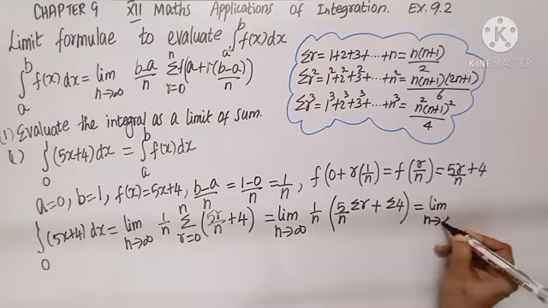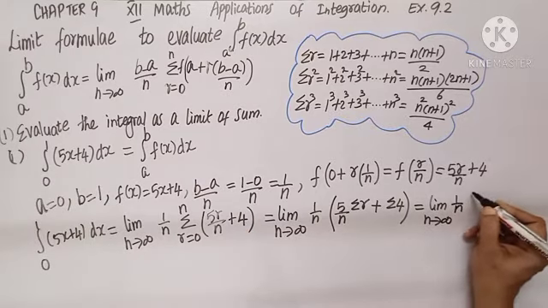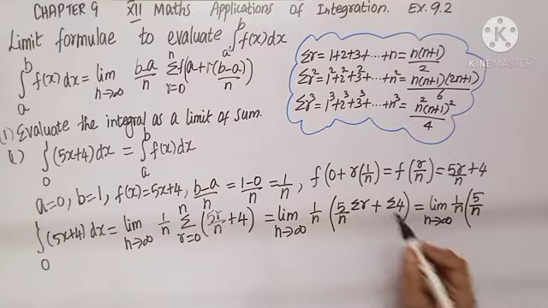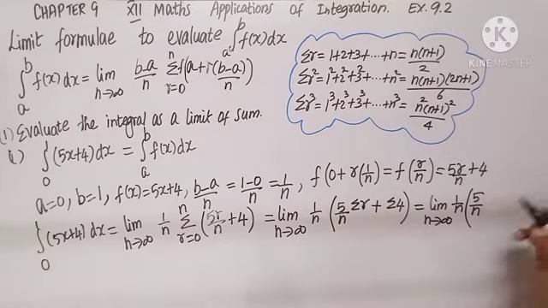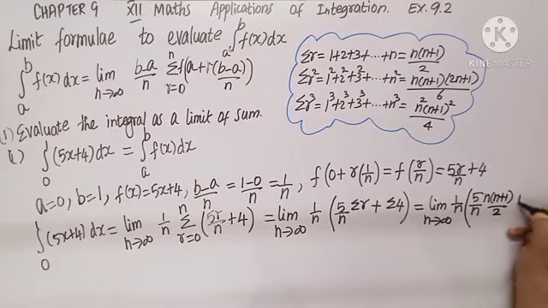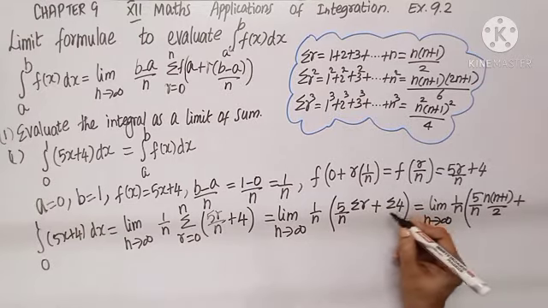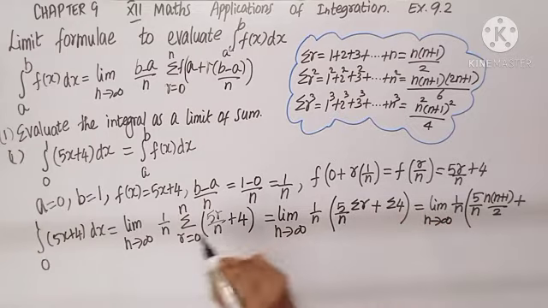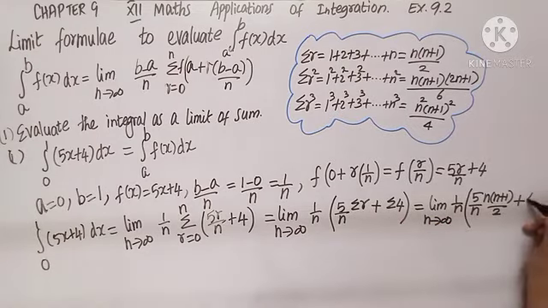Limit n tends to infinity, 1 by n into 5 by n. What formula we learned? Sigma r is n into n plus 1 by 2, plus sigma 4. 4 I am adding n times, so I will write 4n.